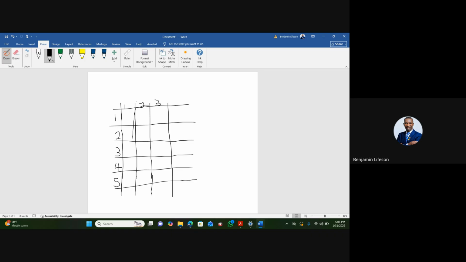From this end to 5, this is 1 bar. Then we have another bar over here, then we have another one.